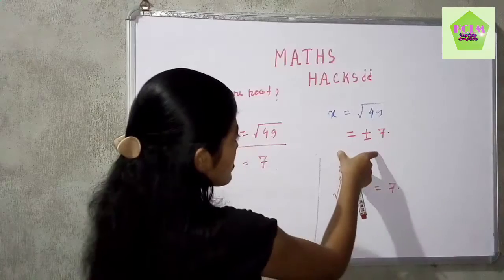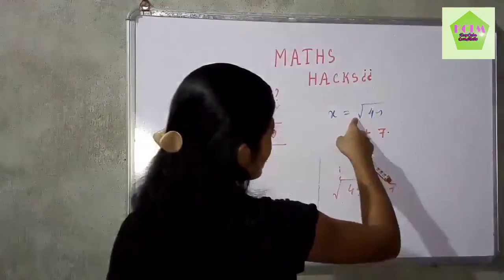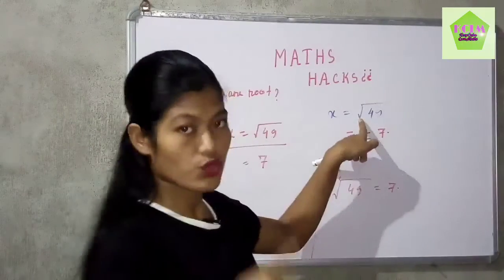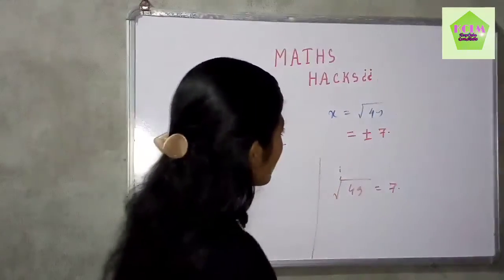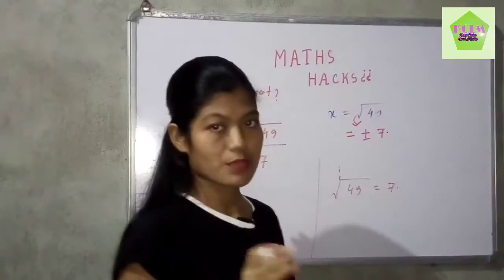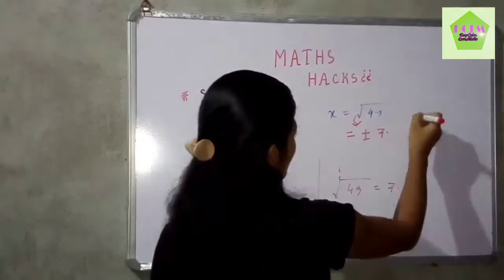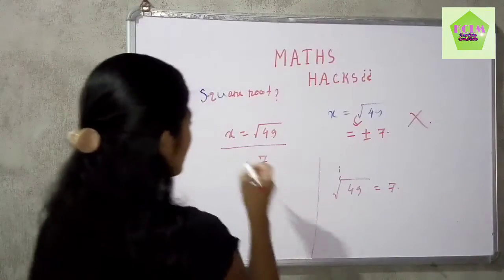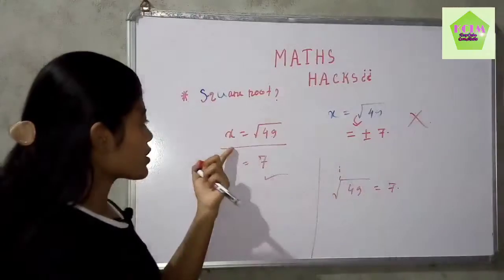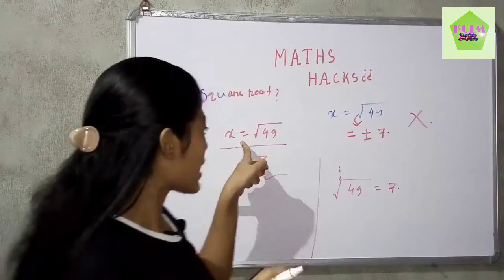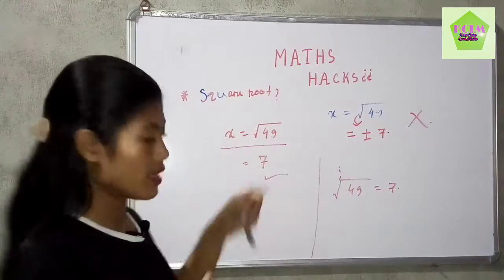Why? Because some think that whenever we have the square root of a number, we have to put this plus minus sign, but actually this is not right. What is right is that whenever we are given x is equal to root over 49, then x will be 7 only.